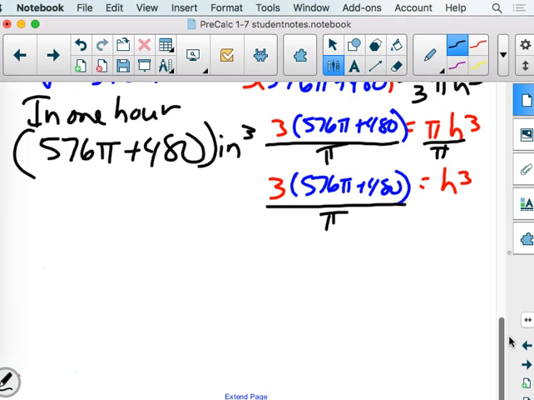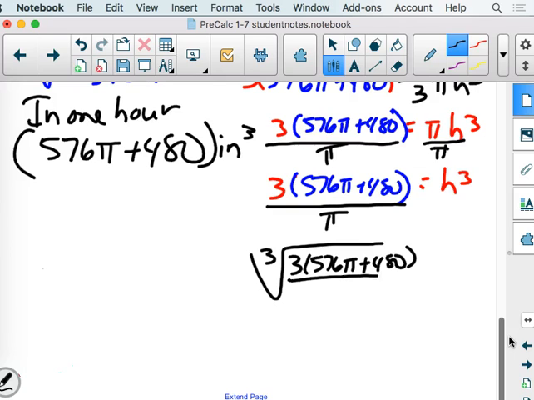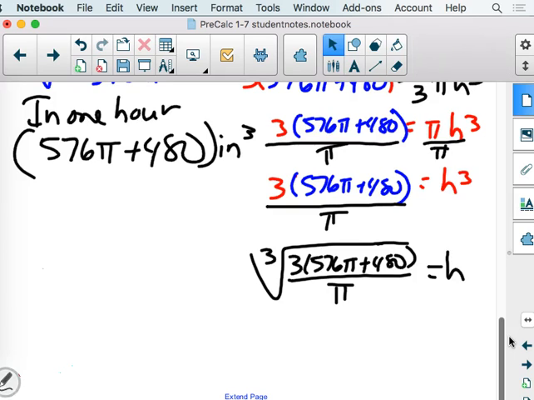Almost there. To get h by itself, we would cube root. All right, that will get us h.